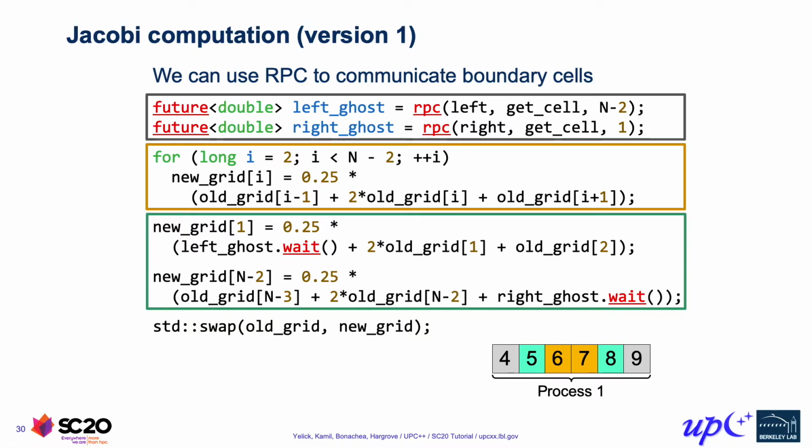Now, one of the things that you might notice is that since we're reusing these grids and swapping them, there's a race condition between the swap happening and other processes' RPCs completing. So if, say, process 0 ends up swapping these grids before its neighboring processes' RPCs actually grab the data, then they'll get the incorrect data.